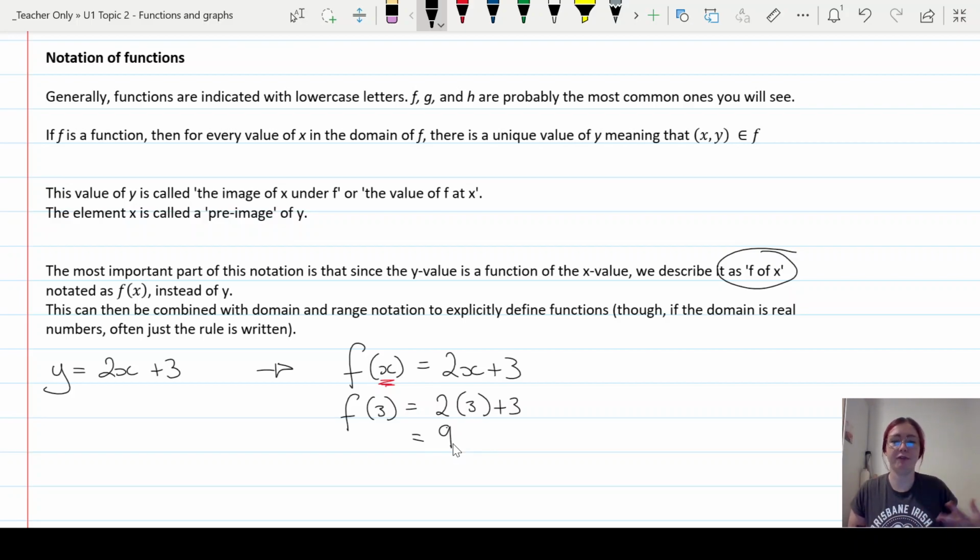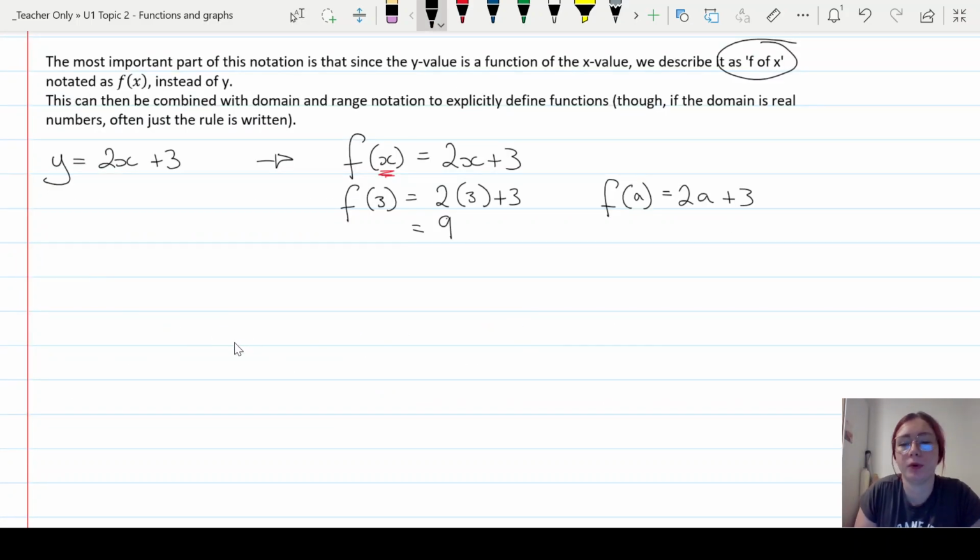So we would say f of 3 equals 9. You can replace it with another variable. So if you wanted to write f of a, then we've now got 2a plus 3. That element in brackets can be replaced with anything, and that means that you are substituting that thing in place of the x in the rest of the function.